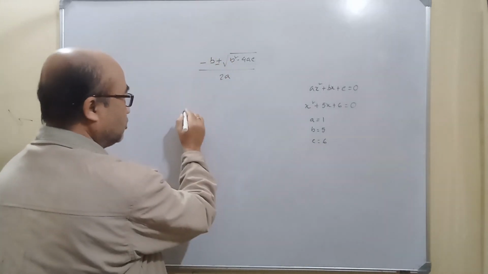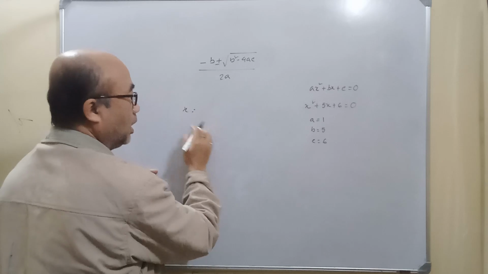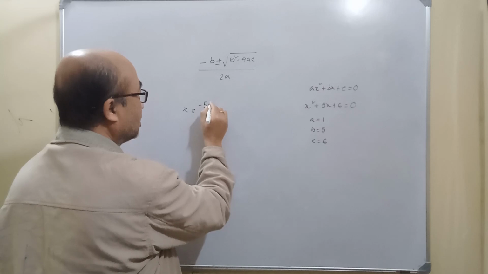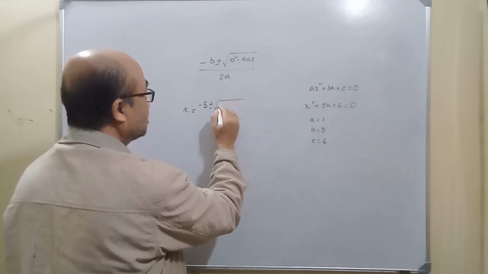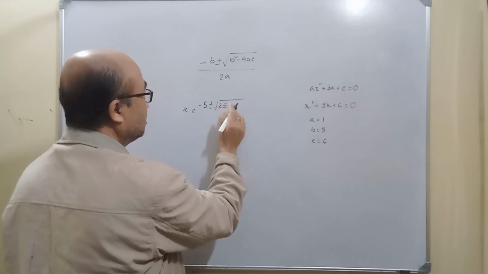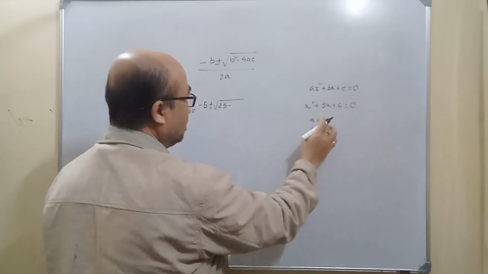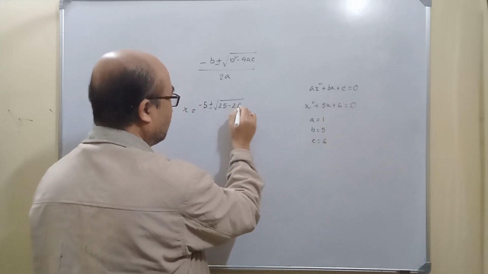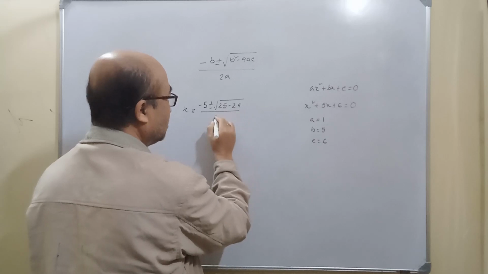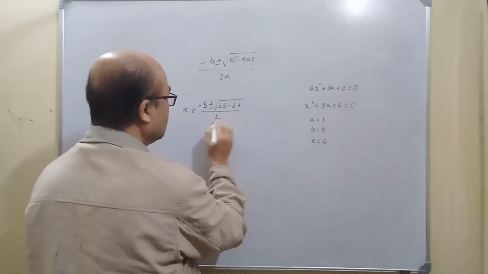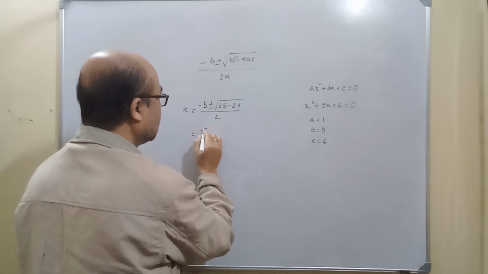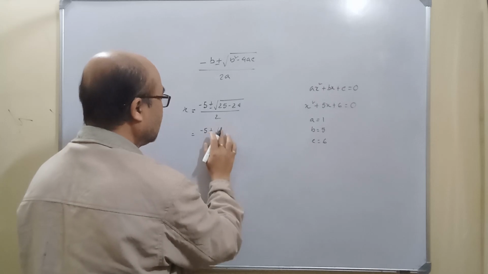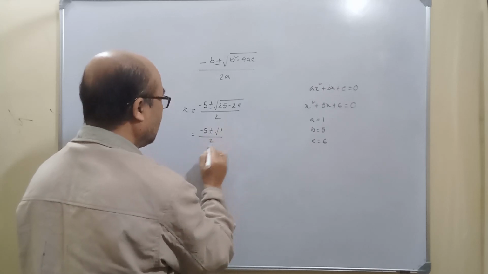So solving for x, we get x is equal to how much? Minus b. Minus b is minus 5. Then plus minus square root of b square. B square is 25. 5 square is 25. Minus 4ac. 4 into a into c. 4 into 1 into 6. 24. Divide by 2a. 2a is 2 into 1, 2. So we get minus 5 plus minus square root of 25 minus 24, that is 1, by 2.